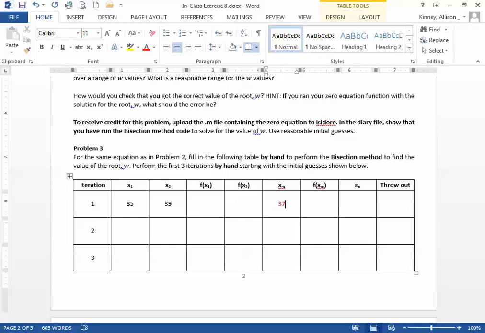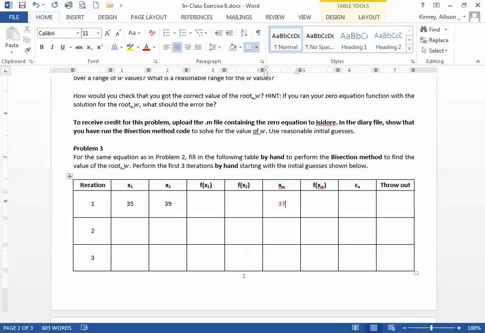So which point do I want to throw out? 1 or 2? 1, right? Because I got to have one x value on either side of my root. So if I throw out x2, I did something wrong, right? My root's not in between those 2 points. So I have to throw out this one, and this now becomes my new x1 point.